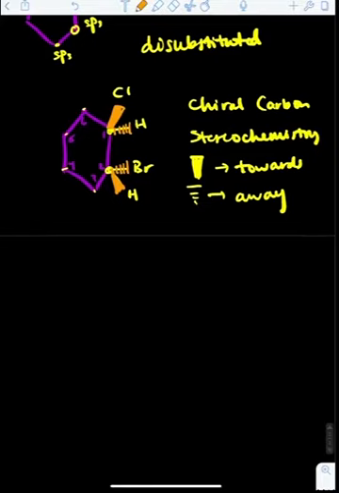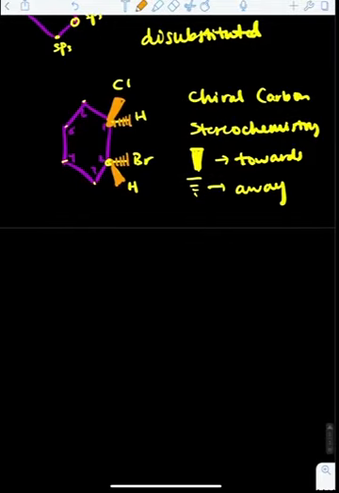On carbon number 1, we see the chlorine is coming towards us, and the hydrogen is going away from us. I'll make a new video on stereochemistry later, but that's all you need to know for now. And on carbon 2, the bromine is going away and the hydrogen is coming towards us.